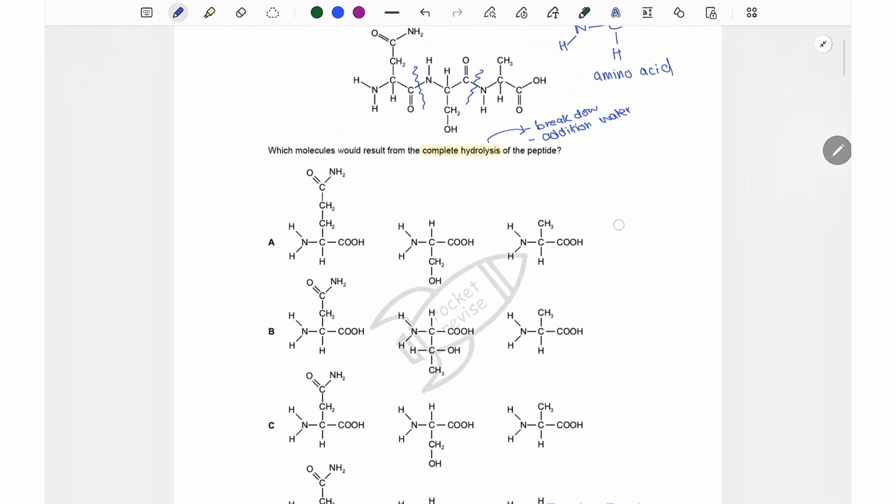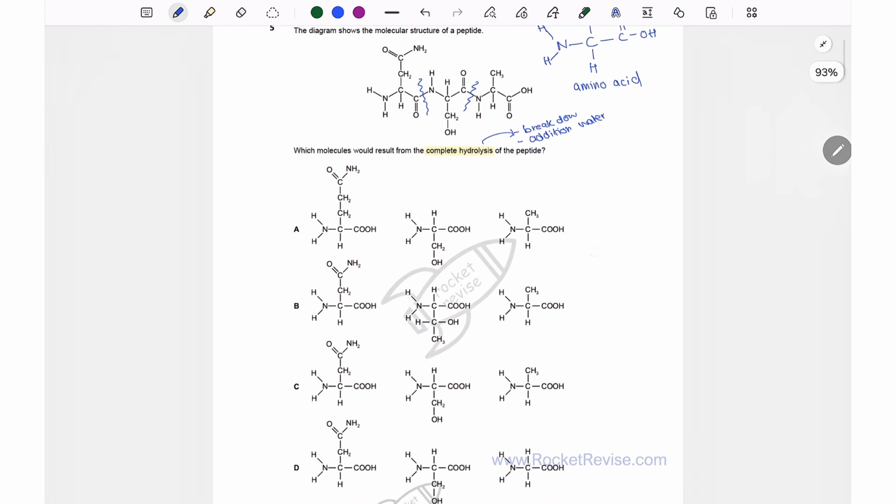So let's look at it. For option A, as you can see, this is the R group for the first amino acid. This is the first, second, and third amino acid. For the first one, this whole part would be the R group, but over here, does it match? No, it doesn't, because the CH2 is appearing twice. So this is wrong.